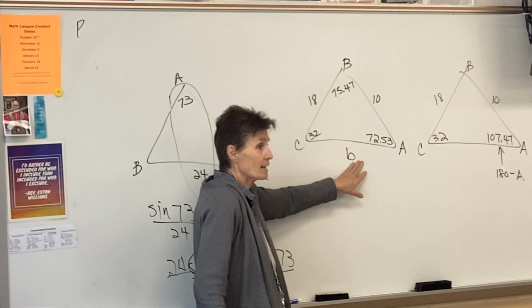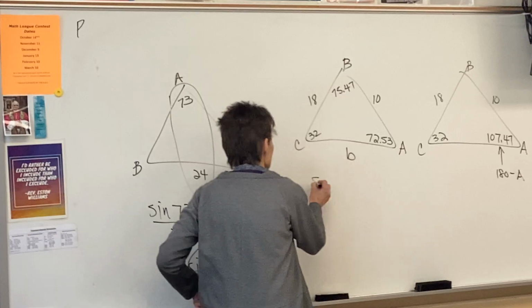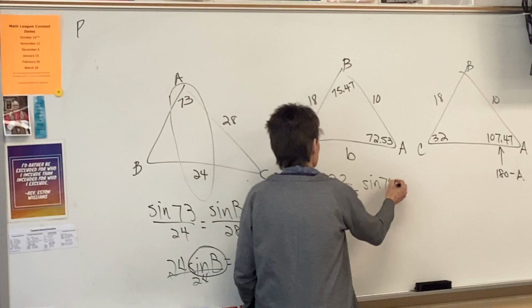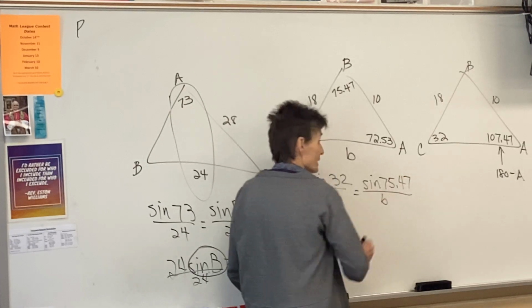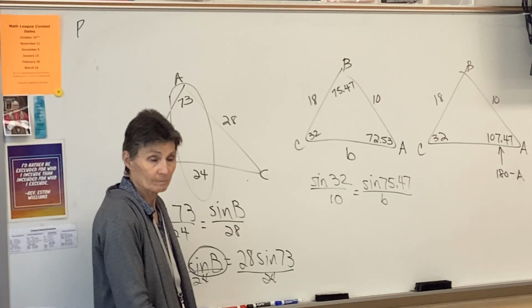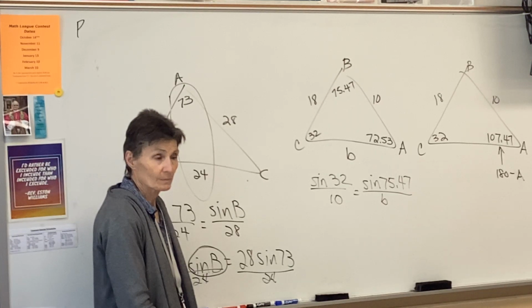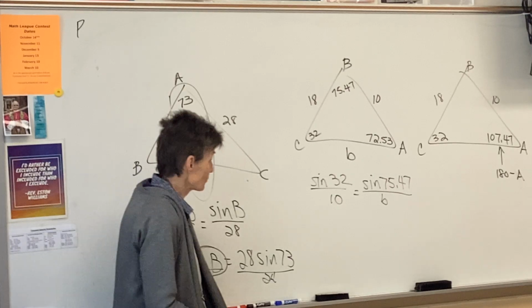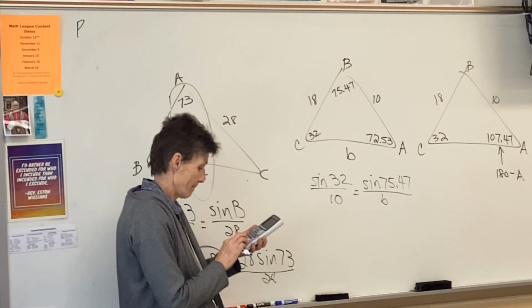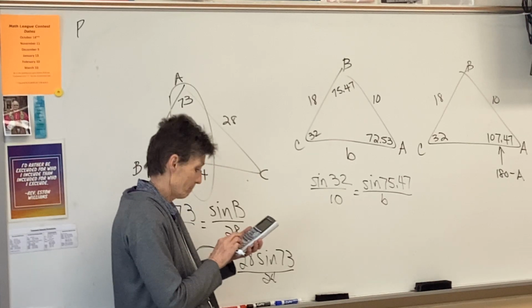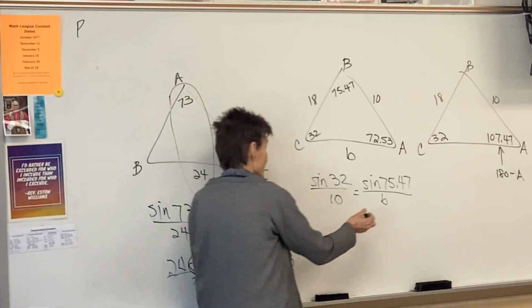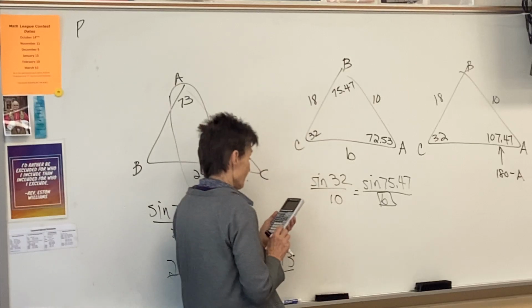Now I still need to find side B. So I'll say sine 32 over 10 equals sine 75.47 over B. Is that okay? So then I'll cross multiply and divide. Now you're not second signing on this one, because your variable is B. So you're just typing it in.